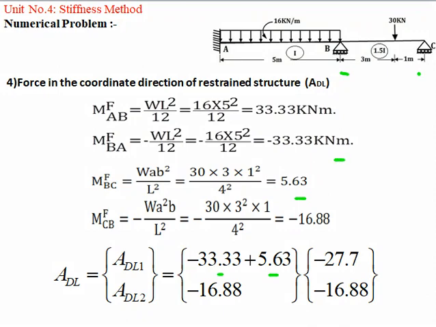So these two moments are acting in the coordinate direction of theta b, and for theta c, minus 16.88, which is acting in the direction of theta c when the structure is restrained.